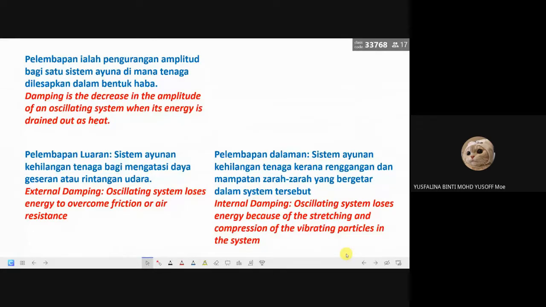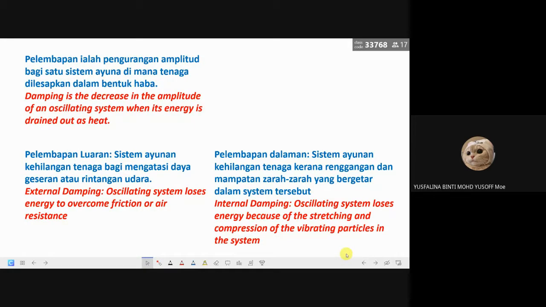Another one is the internal damping. Internal damping means it comes from the inside. It comes from the stretching and vibrating of the particles in the system.